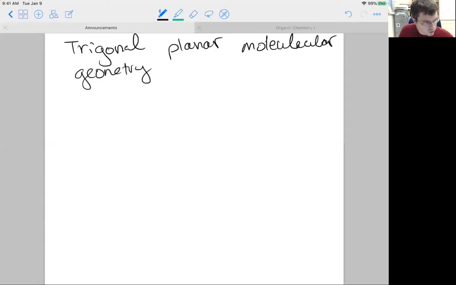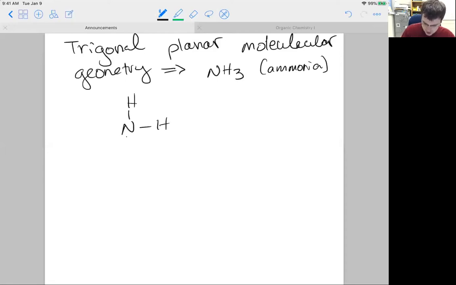Okay, so a good example of this is NH3, which is the nitrogen variant of water. This is called ammonia. So for ammonia, you could think about the Kekulé structure like this, where we have 3 hydrogen atoms around the nitrogen, all connected by covalent bonds with 1 lone pair of electrons that nitrogen gets to keep as part of just being nitrogen.